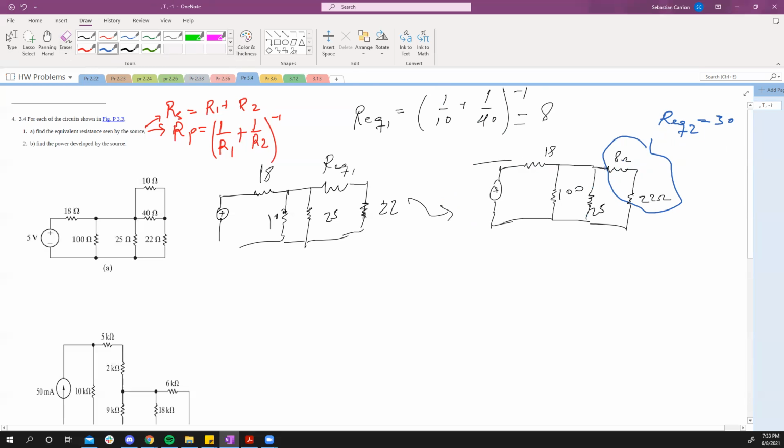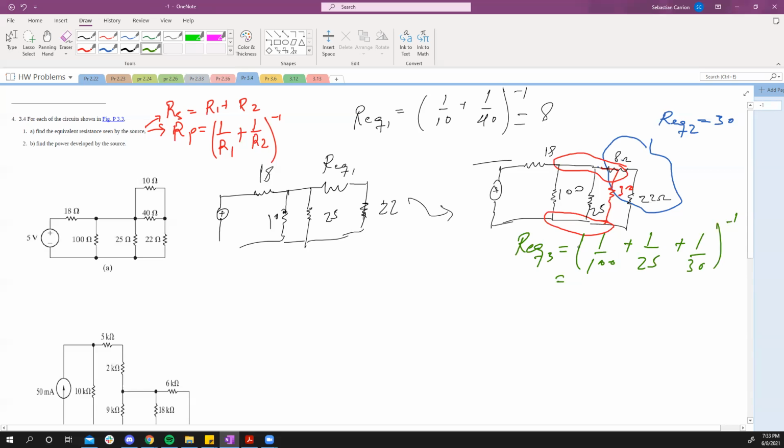Our equivalent resistance 2 is 30. That 30 is in parallel with 25 and 100, right? These nodes are shared by all of them. So our formula, I'm going to write it in green, equivalent resistance 3, is 1 over 100 plus 1 over 25 plus 1 over 30, to the negative 1 power.